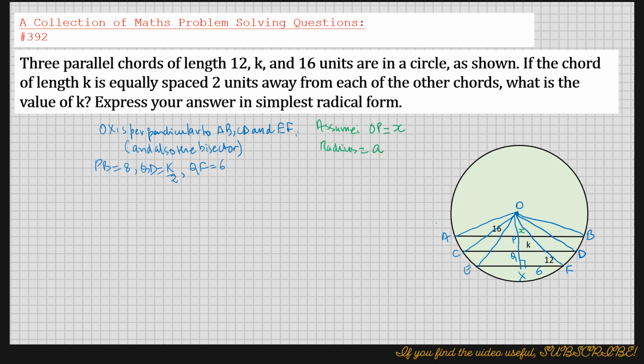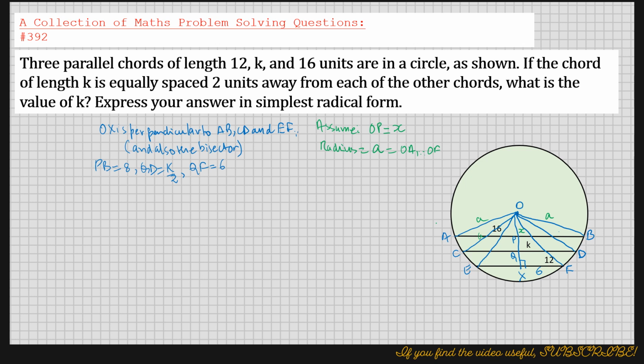So all of these are a: OA, OF, OE, OC, and so on. They are all the radius, and we say the radius is a units.